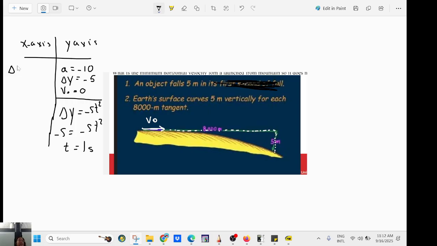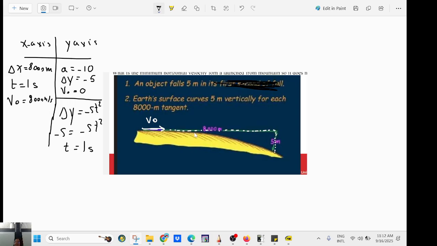Now, delta x equals 8,000 meters. The time is 1 second. What's going to be the velocity?